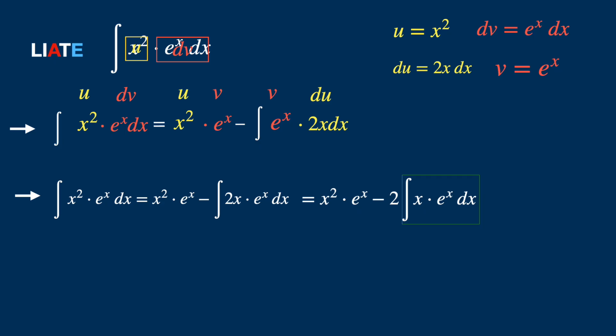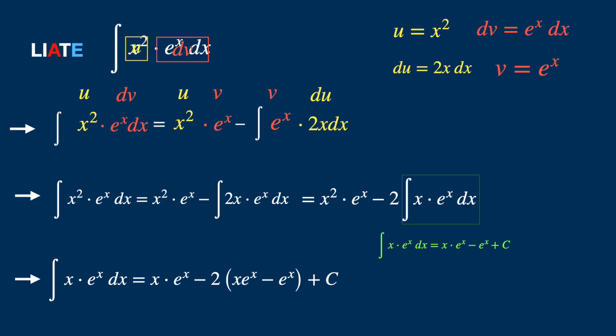We have to use integration by parts one more time. But we did it in the previous slides. It said x e to the x minus e to the x plus c. Now plugging back into the original integration, you have x squared e to the x minus 2 times x e to the x minus e to the x.